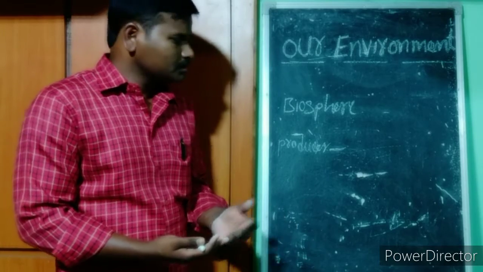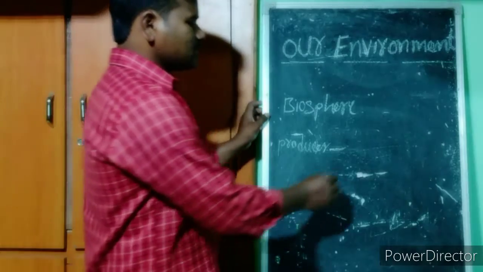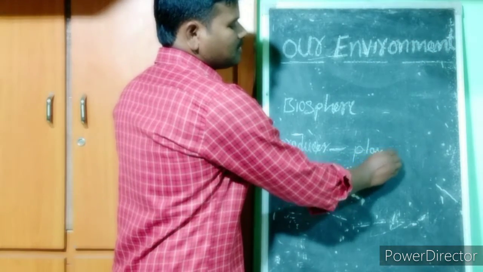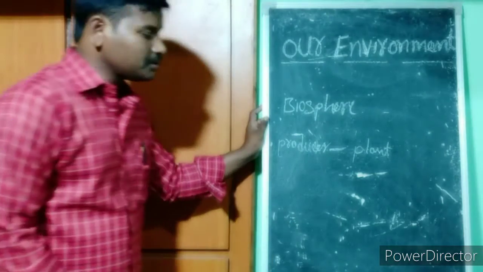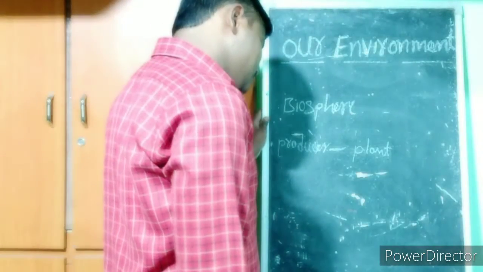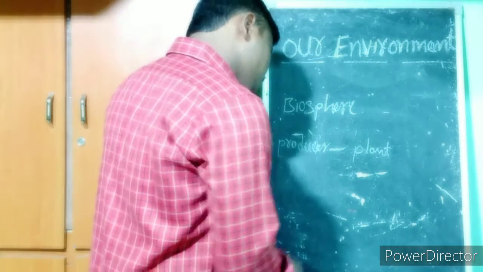An example of producers is plants; many plants we can call producers. After producers, the next one is the consumers.